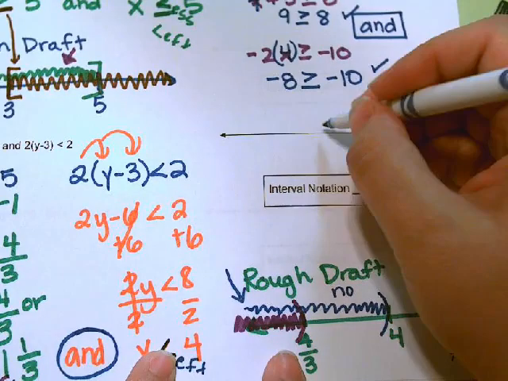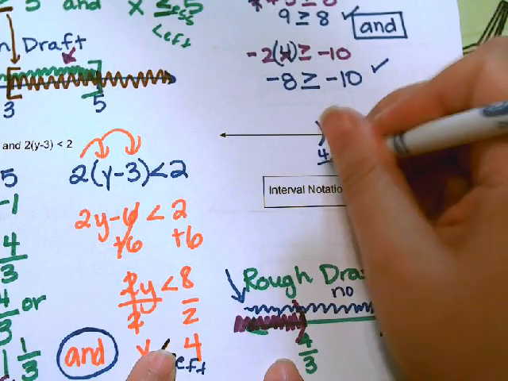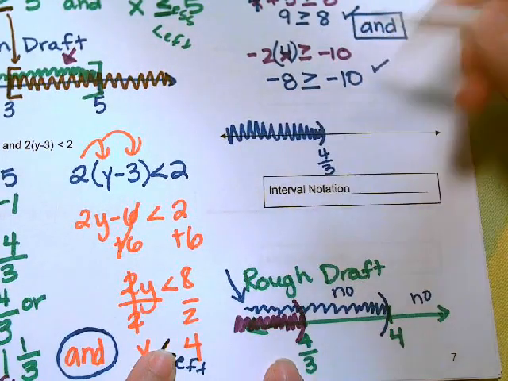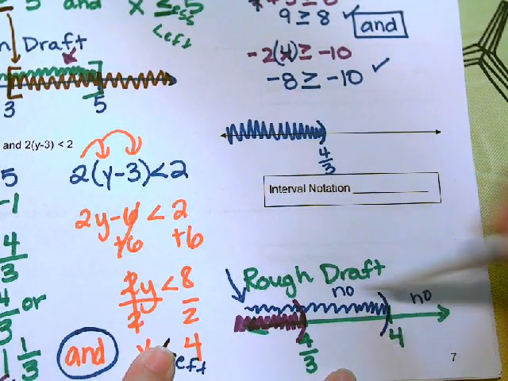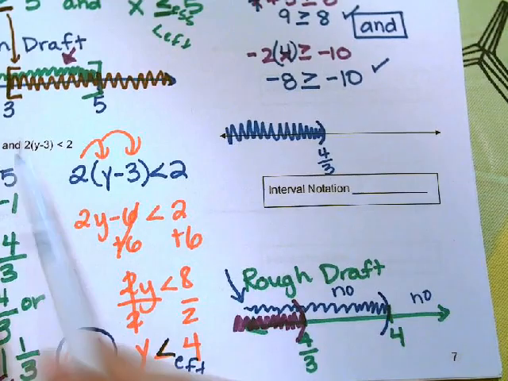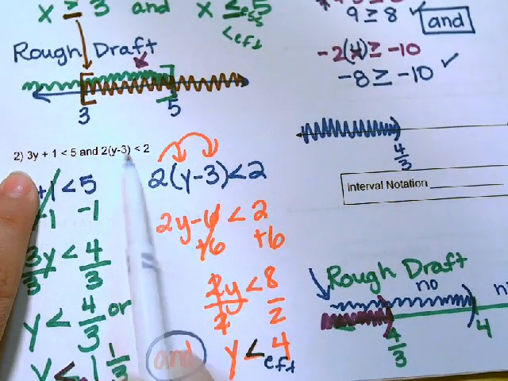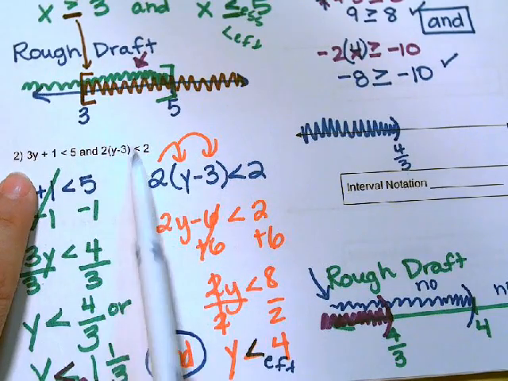So our final graph would have 4/3 and all the numbers shaded to the left of 4/3. So we don't need any of this because these numbers here don't work for this inequality and this inequality. These numbers here only work for this one.